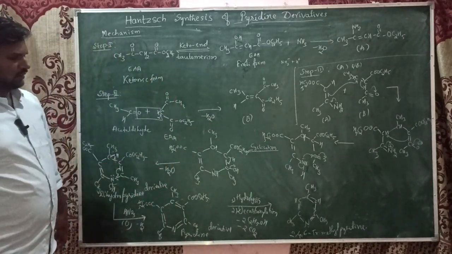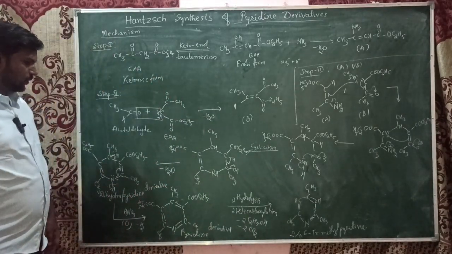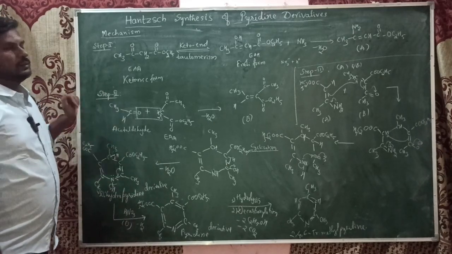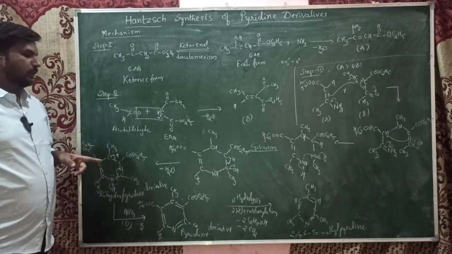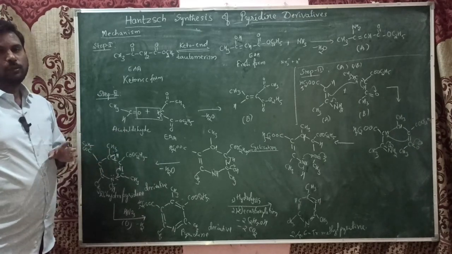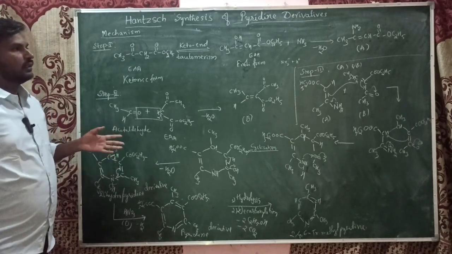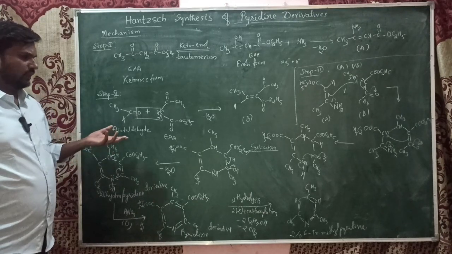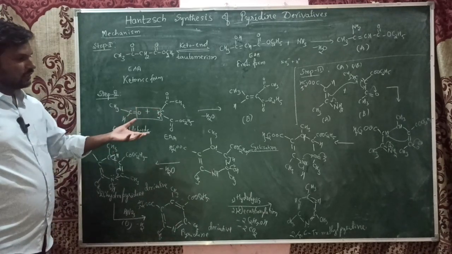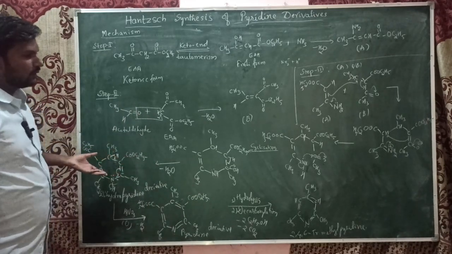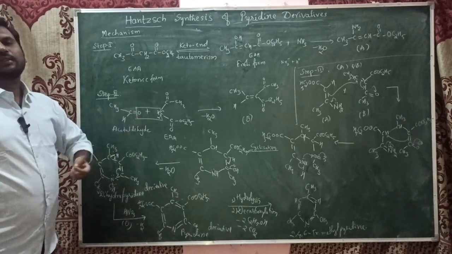Whether you write that or not depends. Okay, this is how the process takes place. I hope you understand, and for this mechanism you only need to practice. Write it 2-3 times, then you will find it is a very simple mechanism, though it has many long steps. The steps are more, but the process is very simple.